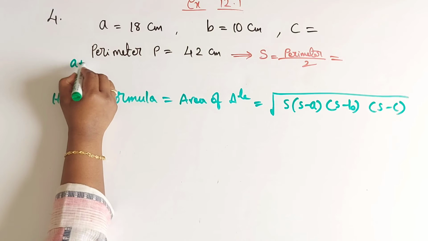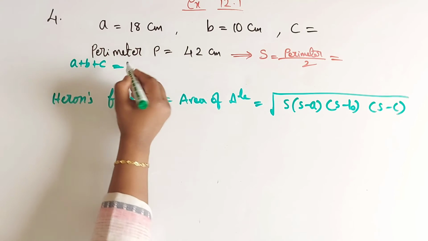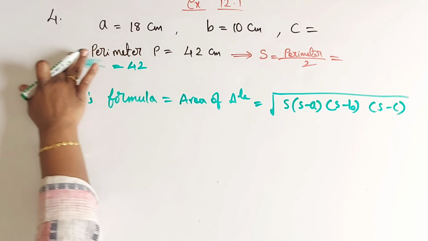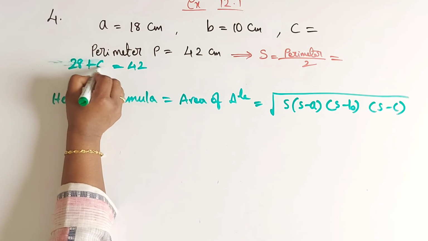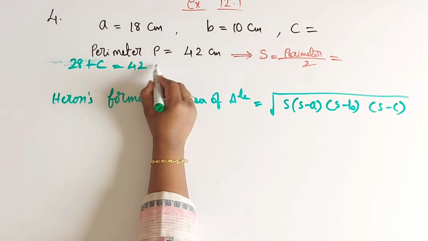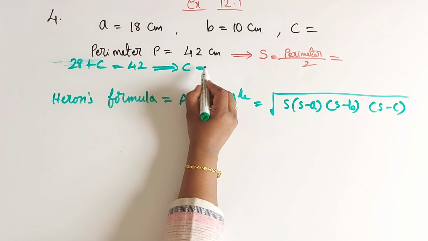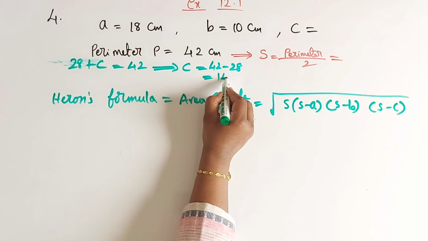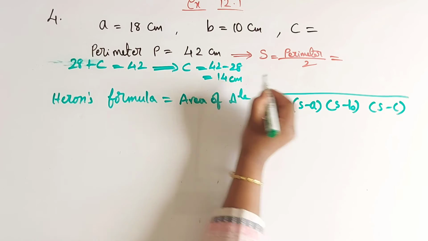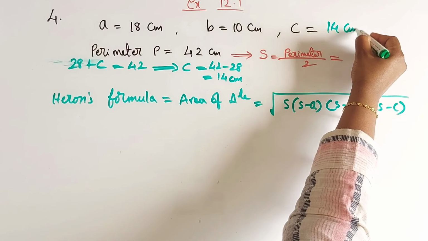We know that A plus B plus C equals perimeter 42. What is A plus B, children? 18 plus 10, 28, plus C equals 42 here. That means we can find out third side C equals 42 minus 28, children, that is 14 centimeters. So C is 14 centimeters, children.